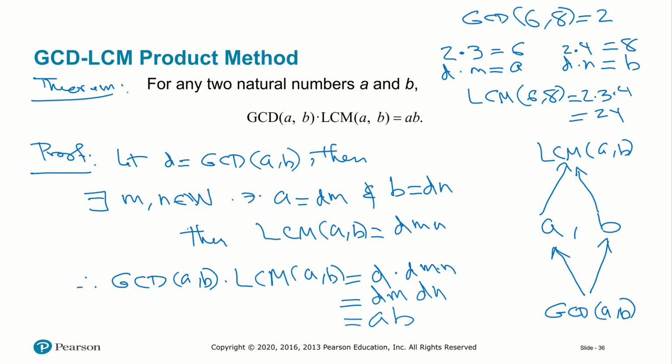Once we're done with the proof, we usually write QED. What does that stand for? Latin, quod erat demonstrandum. That means that which was to be shown. In other words, the proof is finished. We just accomplished what we were asked to accomplish. That's what QED means.